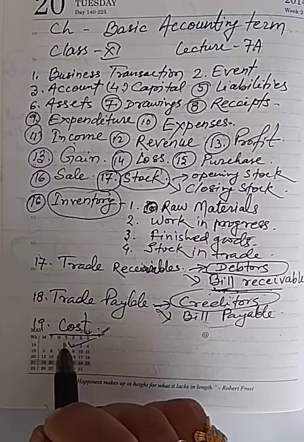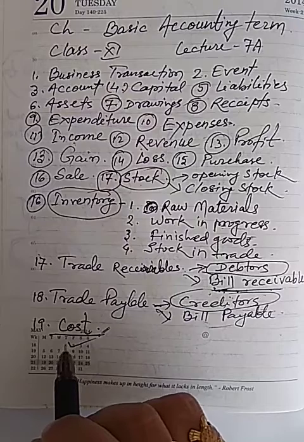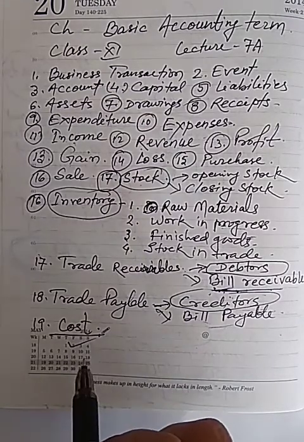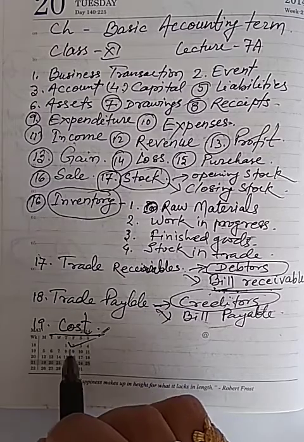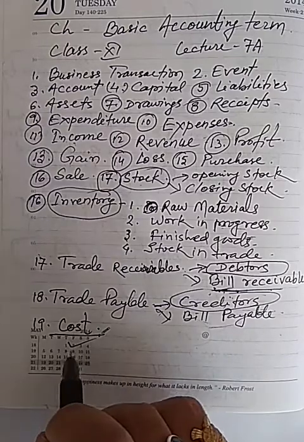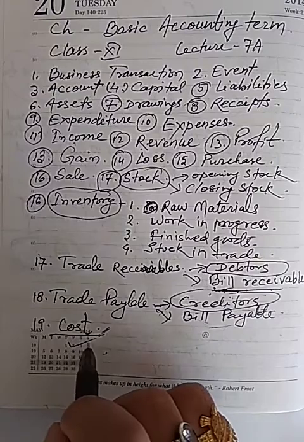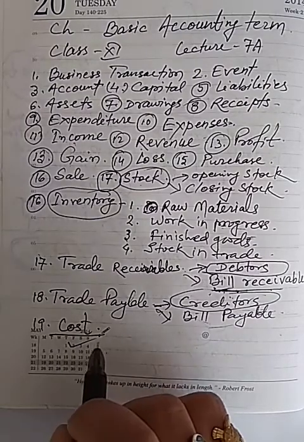The resources given up are money or money's equivalent expressed in terms of money. For example, cost of machinery will include purchase price, freight, and installation expenses, etc.